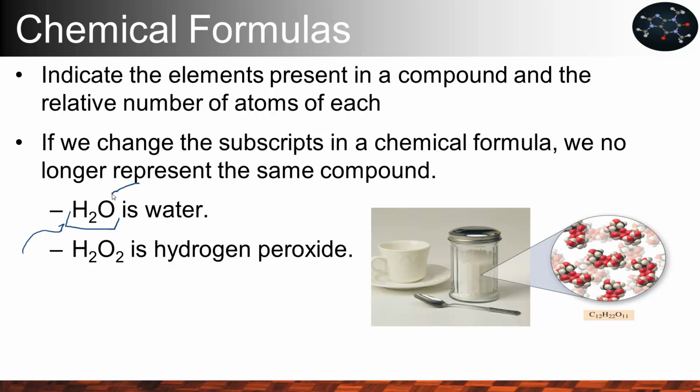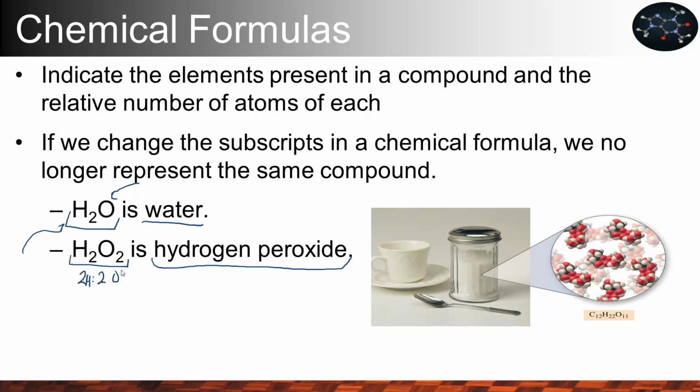We already said that H2O is water. We know what water is like. It acts like water. We drink it. We need it to survive. It's a main component as a part of our bodies. If we have a slightly different ratio of atoms, though, 2 hydrogens to every 2 oxygens, as we have in hydrogen peroxide, what we actually have is a very toxic substance that we can't drink without being injured.